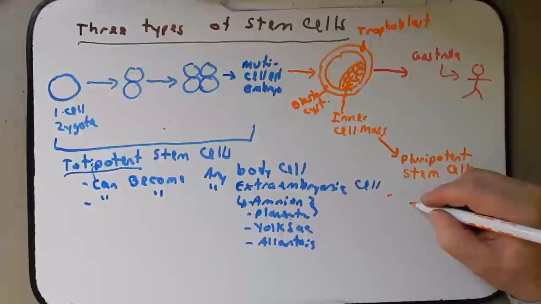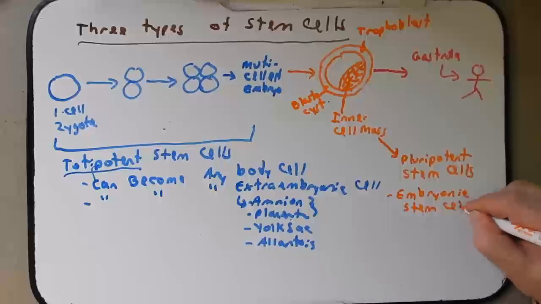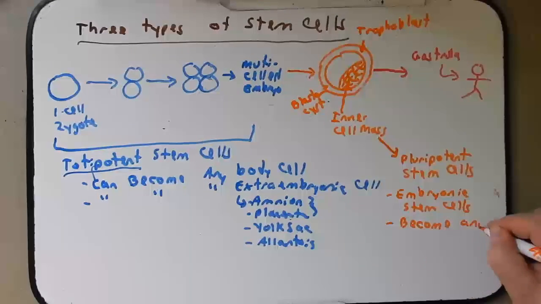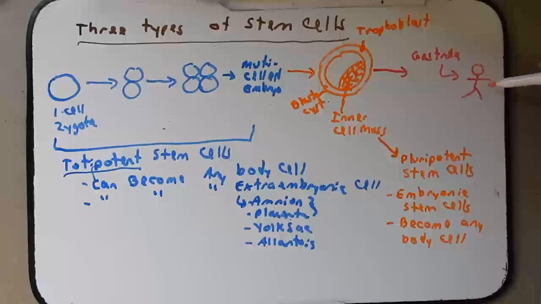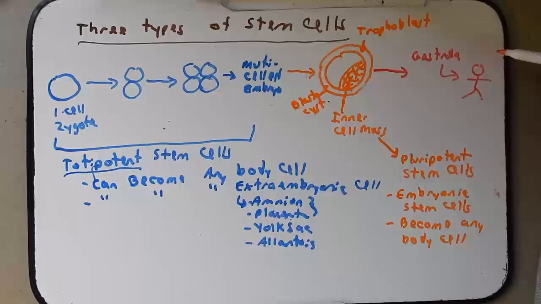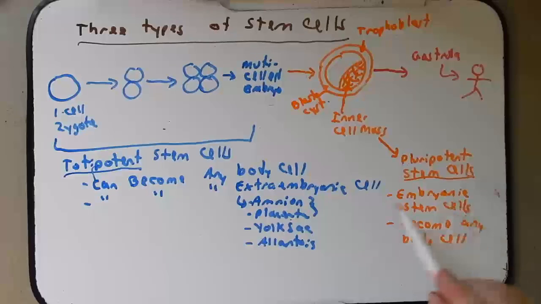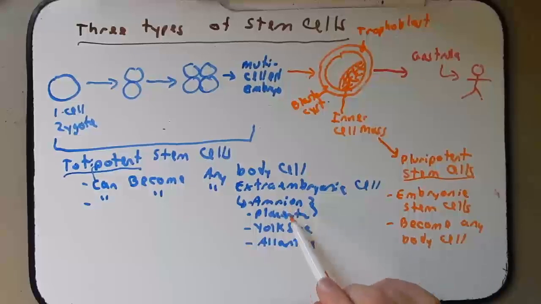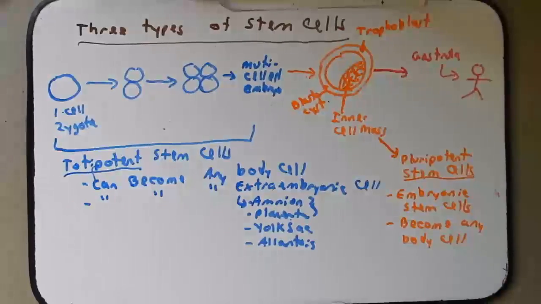These are what are often referred to as embryonic stem cells. They can become any body cell. As it begins to form tissues in the gastrula stage and beyond, these cells can become any of those cells found within tissues. Pluripotent stem cells cannot become the placenta, the amnion, yolk sac, or allantois. So they have begun to differentiate at this state.